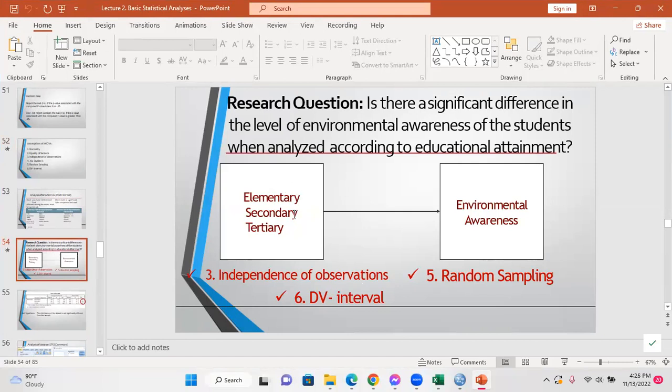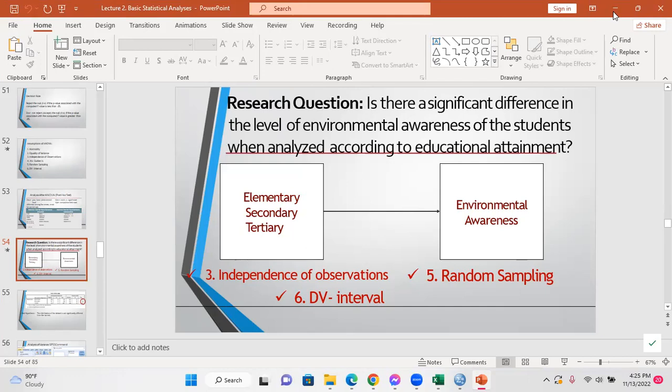Elementary, secondary, tertiary, and then environmental awareness. This is not a table, okay? This is an example of a conceptual framework. Ingnan ta mo daan, basig pahimuon ta mog table, kani inyong isubmit sa ako ah. This is not a table. This is a conceptual framework. So, based daw dito, sino daw ang mas pinaka mataas na environmental awareness? Elementary ba, secondary, or tertiary?